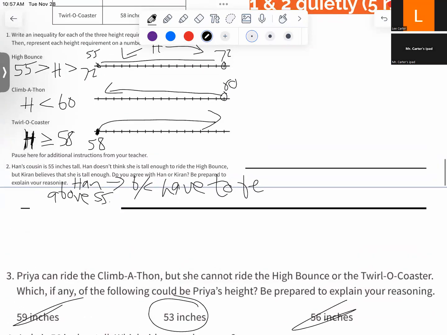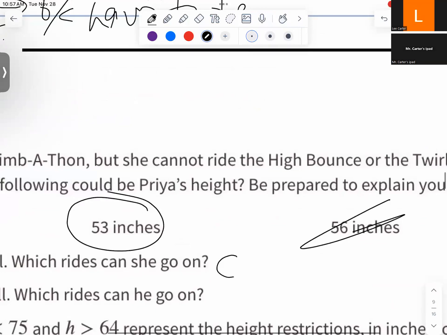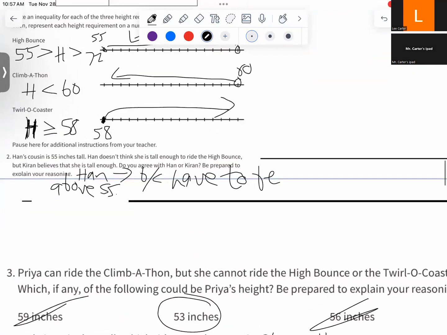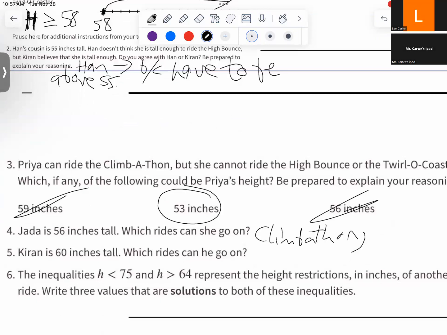Jada's 56. So Jada can do the climathon. So she's less than 60. All right. Let's see. If Jada is 56, she can do the high bounce because she's more than 55. Okay.